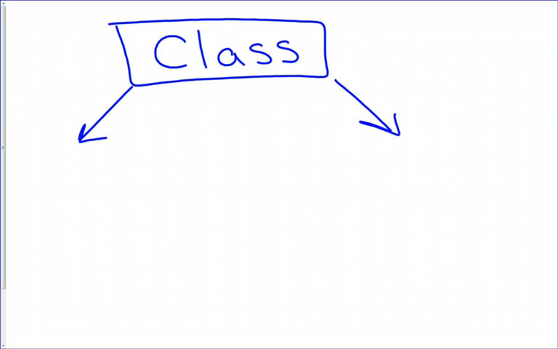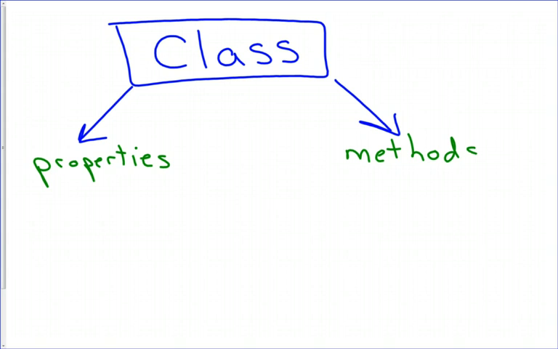What is one of those two things? Properties. Very good. And the other one? Functions, or, as we say in Java, methods. Excellent. A class is a collection of properties and methods.